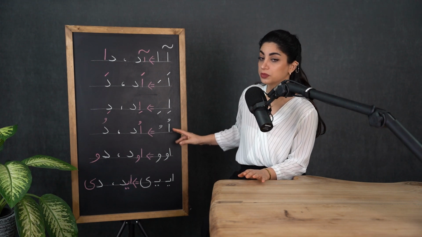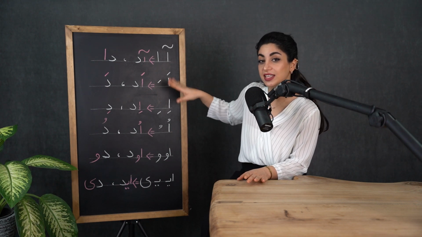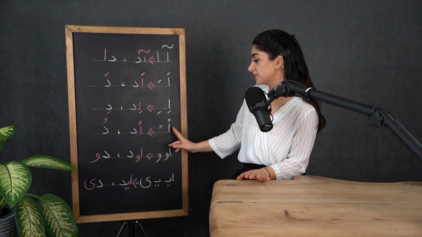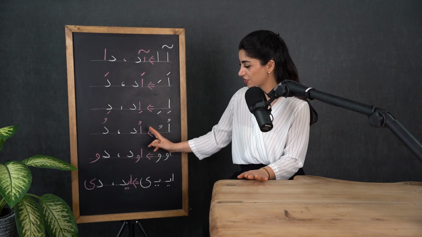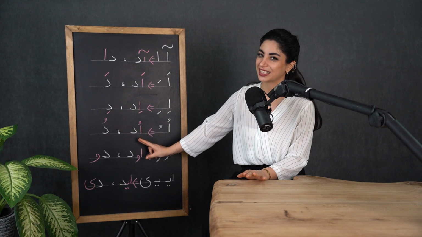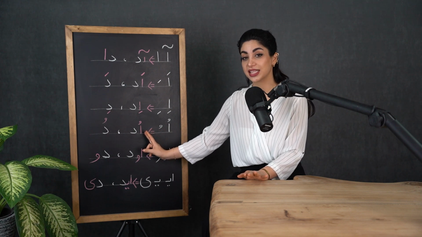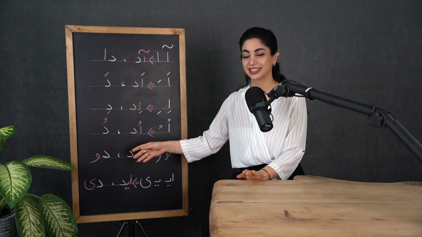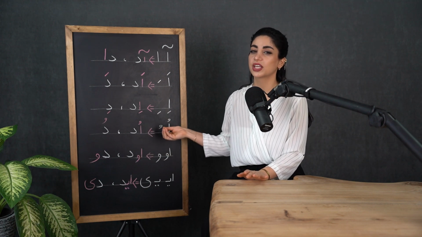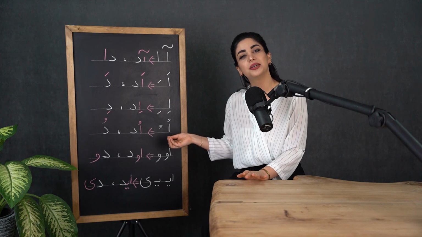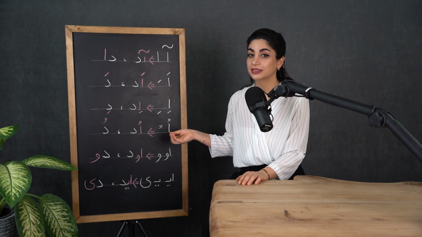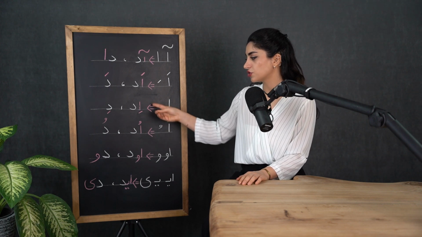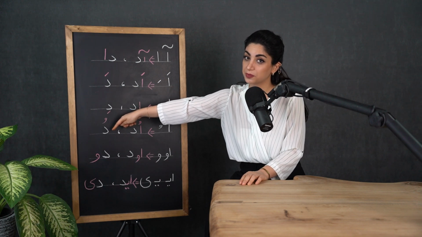Then we have O. It works just like these three. So first, this one which doesn't want to attach comes here. Then we have de. So first I read this one and this one. O, de. Together, od. But this one jumps right up there.